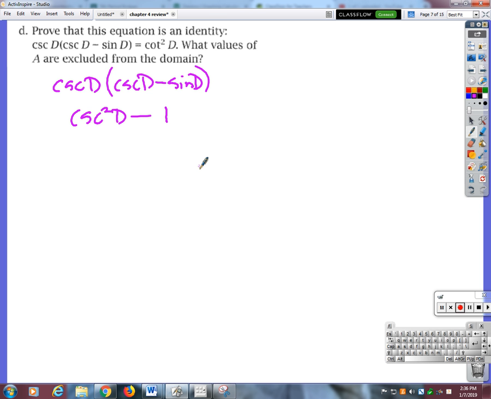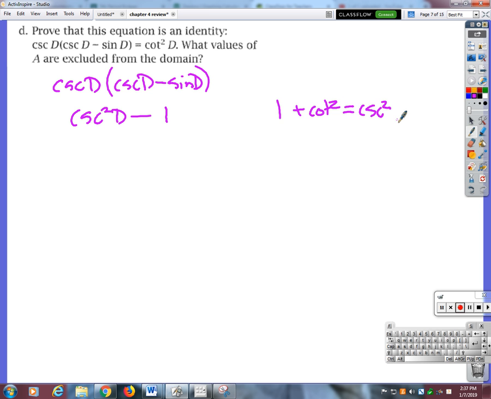Okay? Then we have a squared identity with cosecant squared. What's the cosecant squared identity that we know? You should have it in your notes. You have 3 squared identities, one with sine and cosine, one with cotangent and something. What's the one with cosecant squared? 1 plus cotangent squared equals what?